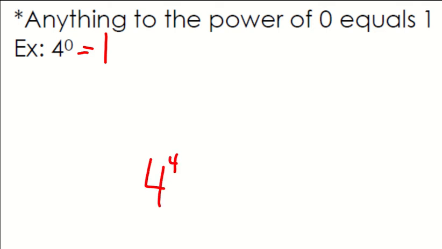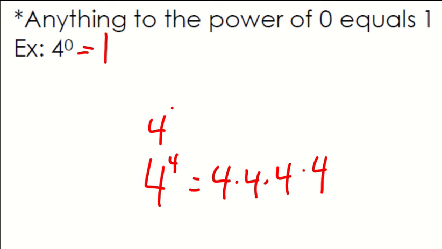So if I have 4 to the 4th power, that's 4 times 4 times 4 times 4. If I have 4 to the 3rd power, 4 times 4 times 4.